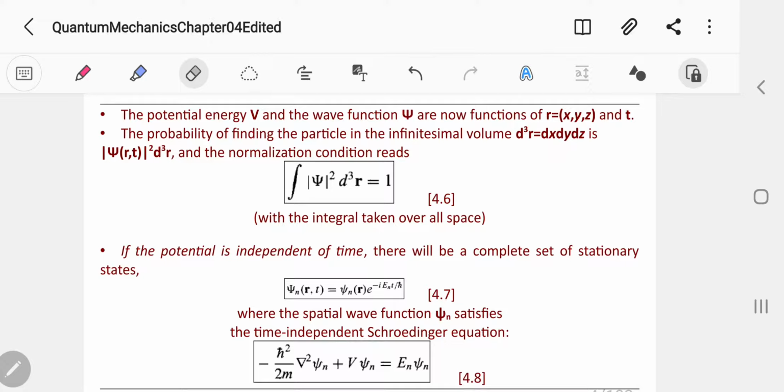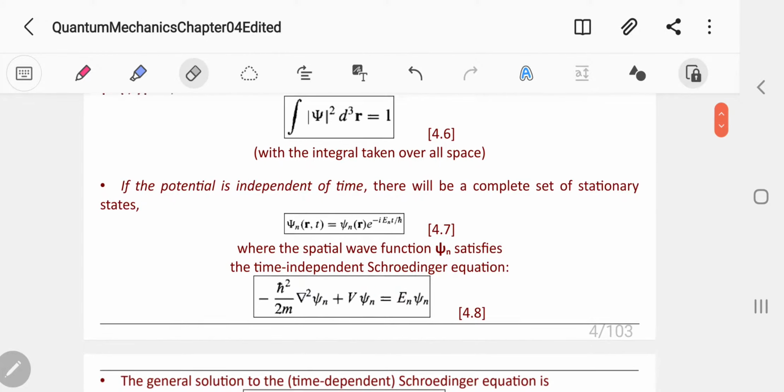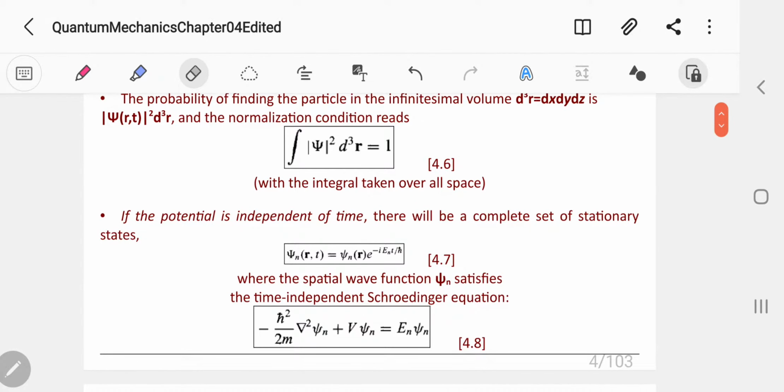If you talk about a complete set of states, we can actually do also stationary states, and the stationary states are given by this one. This is the time independent Schrödinger equation for 3 dimensions.